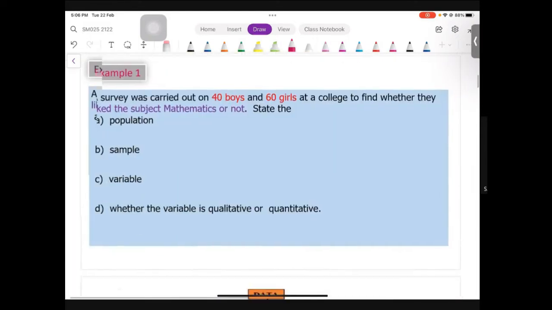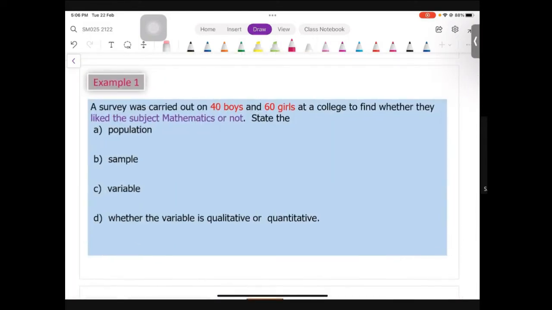Okay. So first one, example one. A survey was carried out of 40 boys and 60 girls at a college to find whether they like the subject mathematics or not. From here, we have to state the population, sample, variable, and whether the variable is qualitative or quantitative.